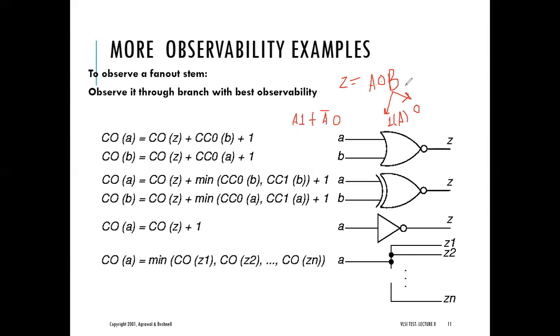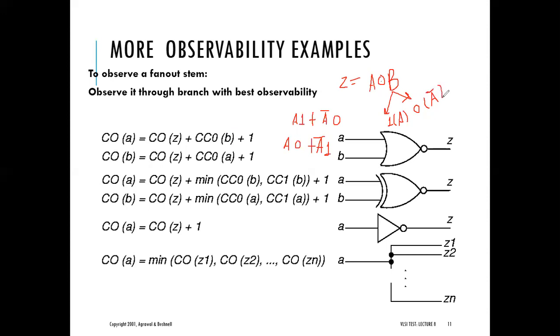If B is 0, what will you get? A dot 0 and A bar dot 1, and you will get A bar in the output.